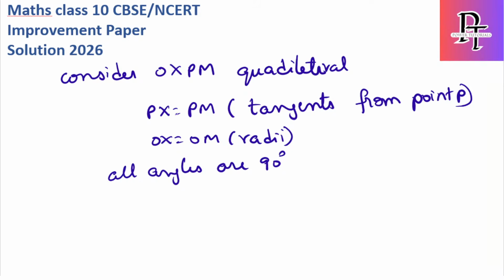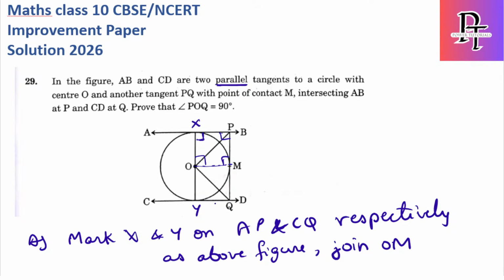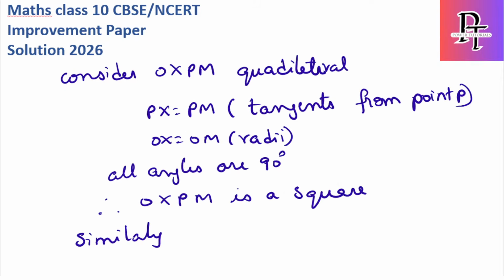If all angles are 90 degrees and adjacent sides are equal, therefore OXPM is a square. Similarly, if I write for the second one, OYQM is also square.